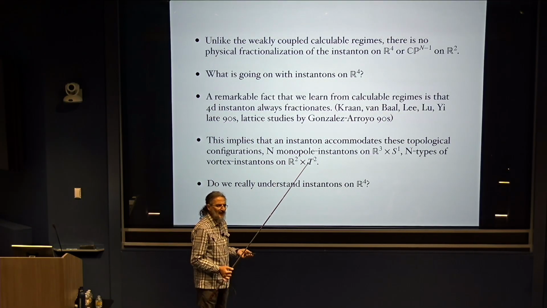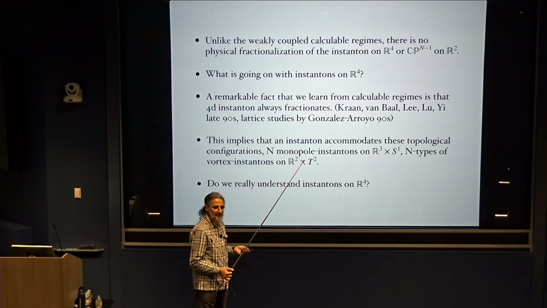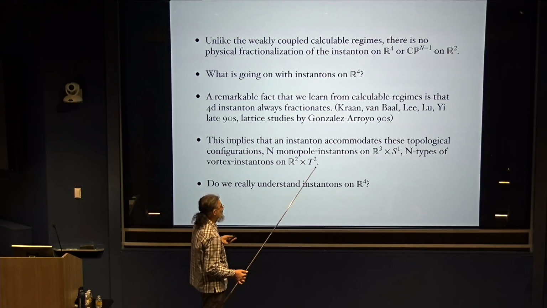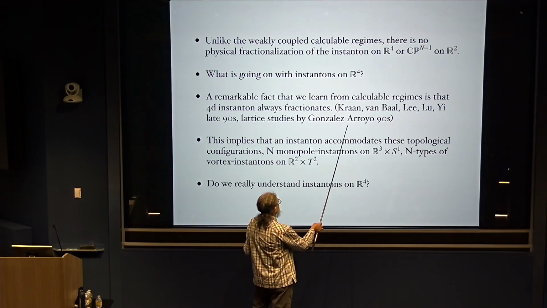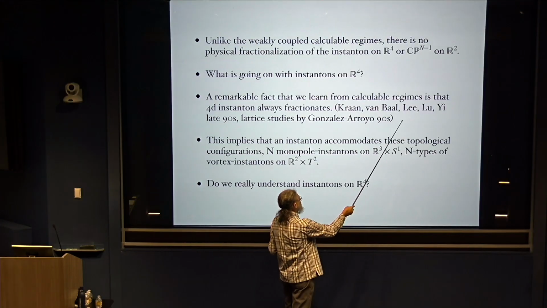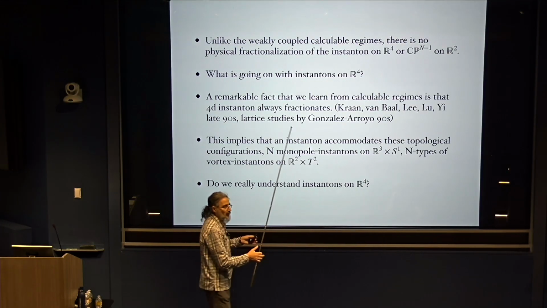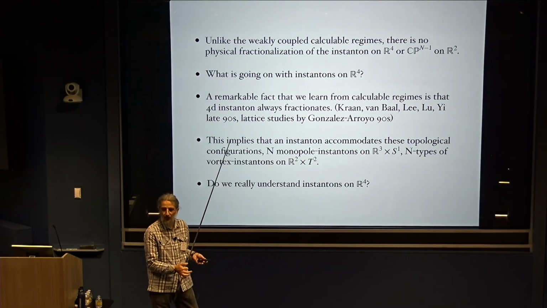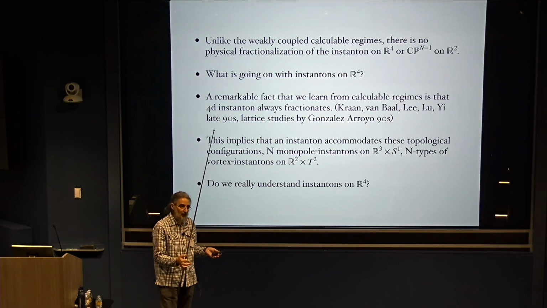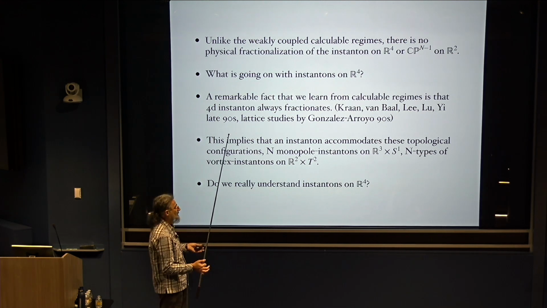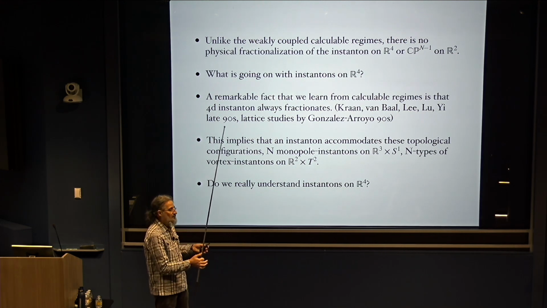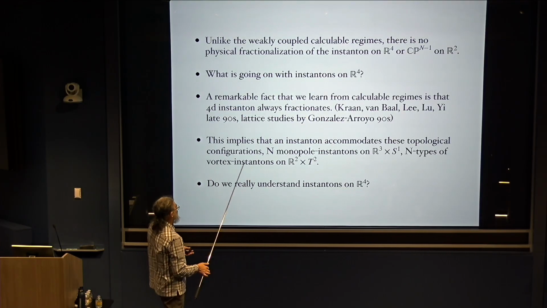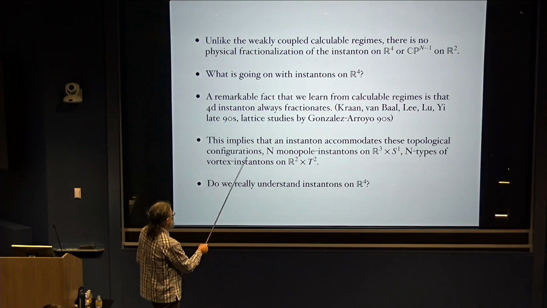But even before this endeavor of weakly coupled, semi-classical domains, people like Van Baal, Lee, Lu, and Pilling constructed compactifications, either in the context of Yang-Mills theory or in the context of string theory, N=4 super Yang-Mills, where they show that in a non-trivial holonomy background, if your Polyakov loop is non-trivial in the compactified direction, there is a fractionalization into these constituents.